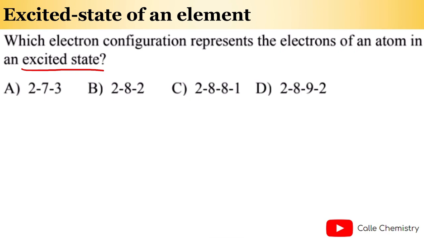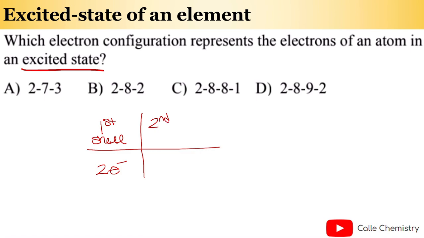So, we need to know how many electrons can be held in the first shell and in the second shell. In the first shell, we can hold a maximum of 2 electrons. In the second shell, we can hold a maximum of 8 electrons. And I'm going to stop there for now.